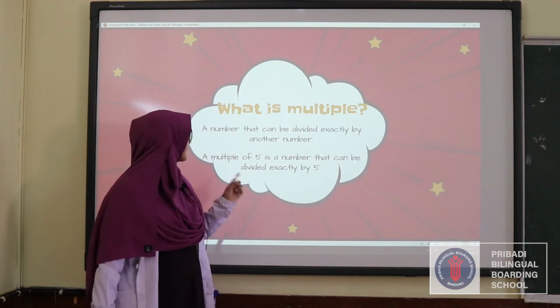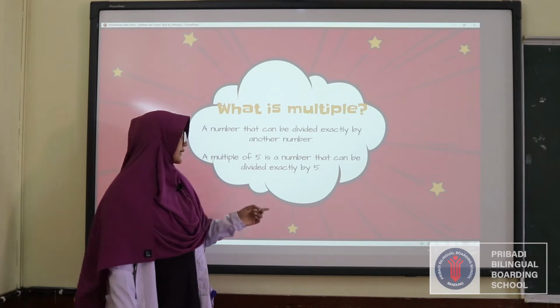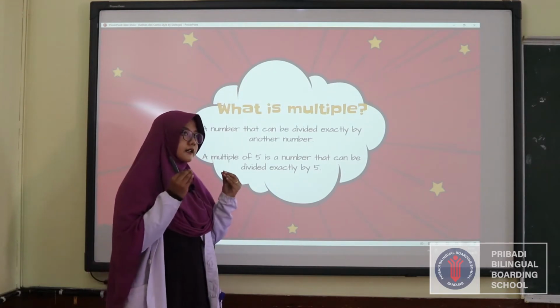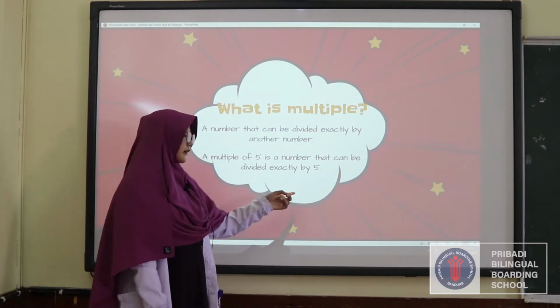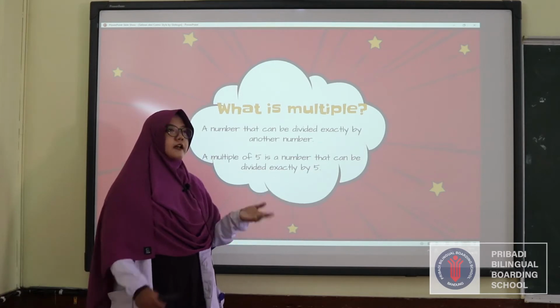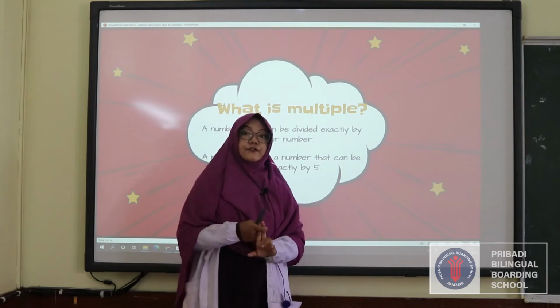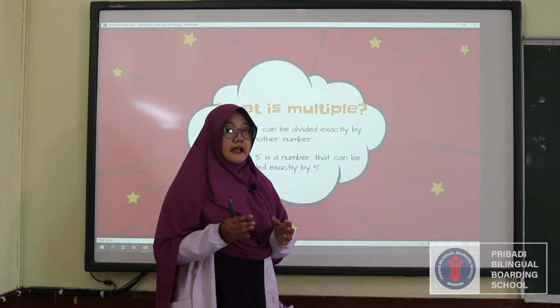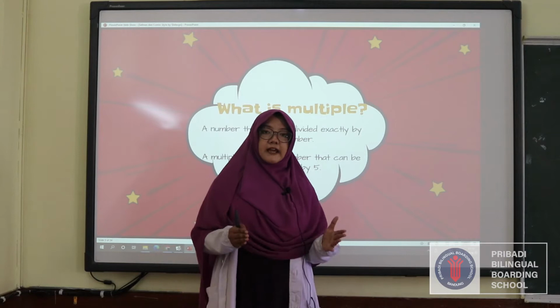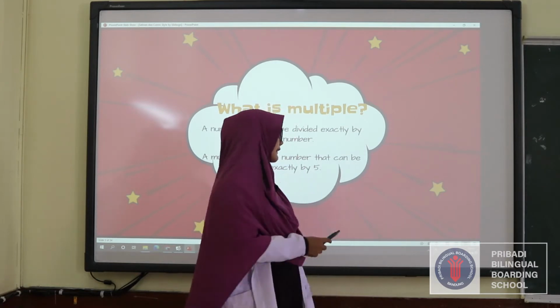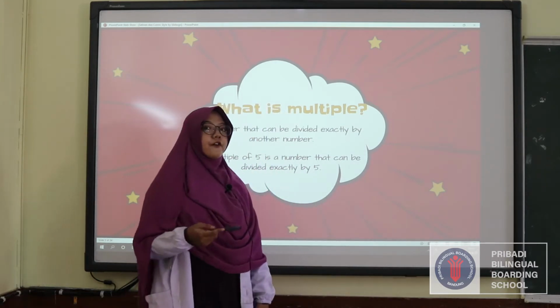For example, a multiple of 5 is a number that can be divided exactly by 5. For example, the multiples of 5 are 5, 10, 15, and 20. All those numbers can be divided by 5. So that is a multiple of 5.